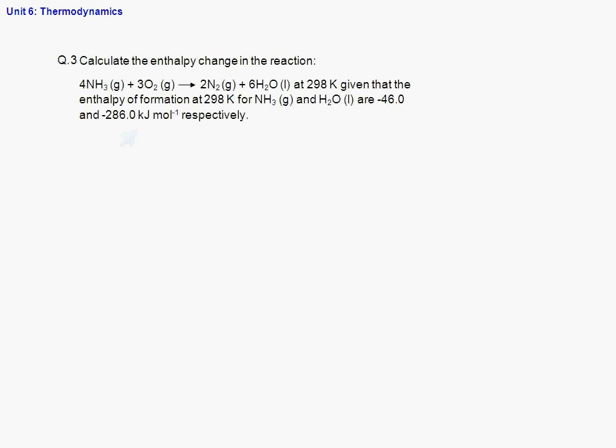So the solution, you know that the standard enthalpy of reaction is equal to summation of standard enthalpy of formation of the products minus summation of standard enthalpy of formation of the reactants. Okay. So here the equation is 4NH3 plus 3O2 gas gives 6H2O liquid plus 2N2 gas.